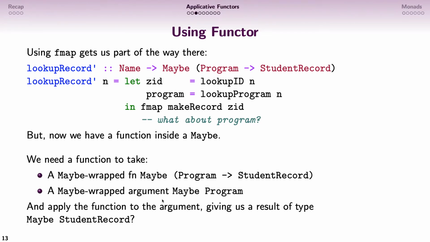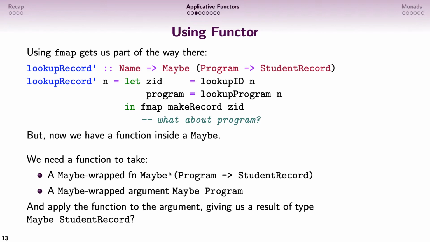So we have the function and its argument both inside a maybe. And what we want to do is apply that function to that argument if both of these maybes are actually justs, right? And if either of them are nothing, we want to abort.